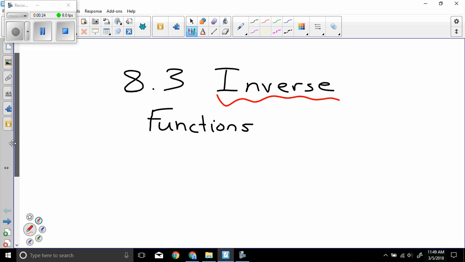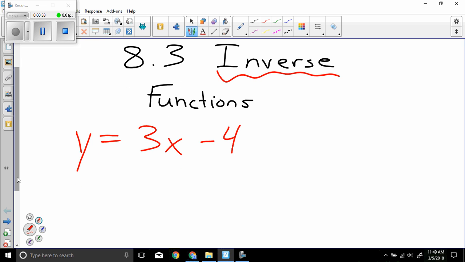So what we're actually going to do is, we have seen things written like y equals 3x minus 4 before. We've seen stuff like this, where we have y equals blah, with x's sitting inside of it.